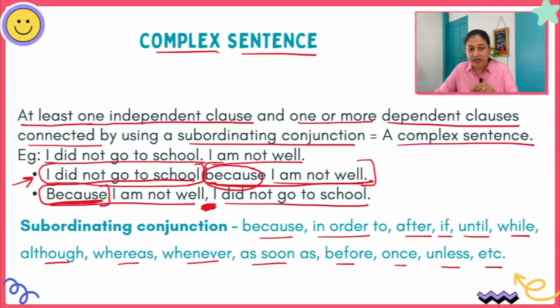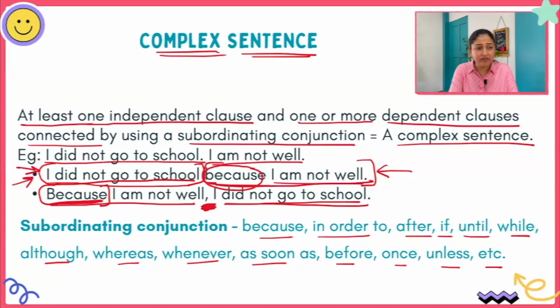Then your main clause can follow. In this case, the clause which has a subordinating conjunction is a dependent clause, whereas the first one is an independent clause, the main clause. So what have we understood by looking at this example? That whenever it is a complex sentence, we can change the order of the clauses.